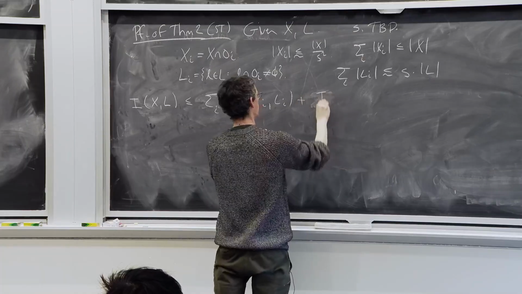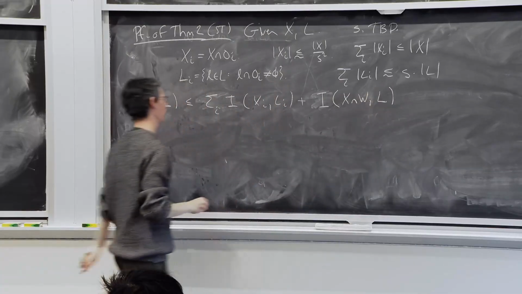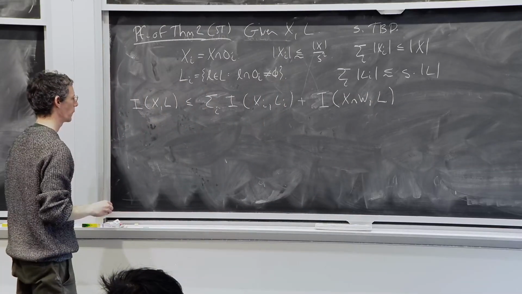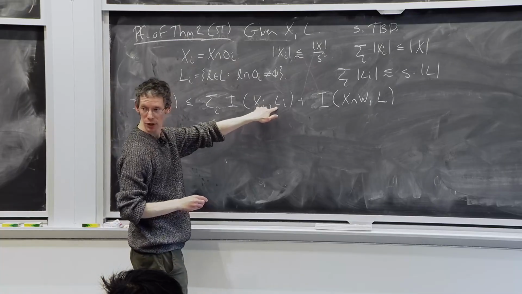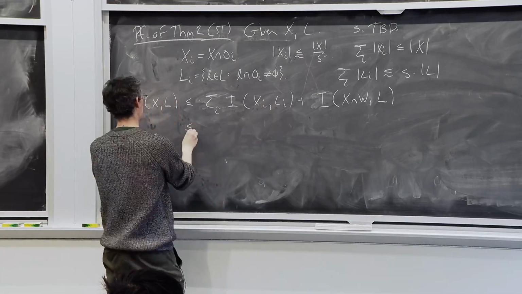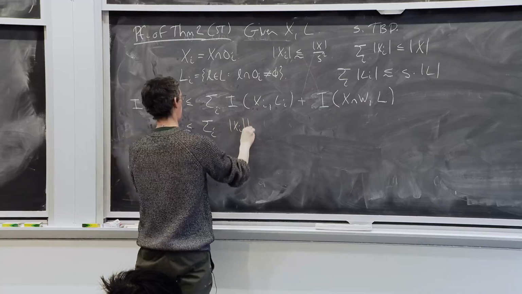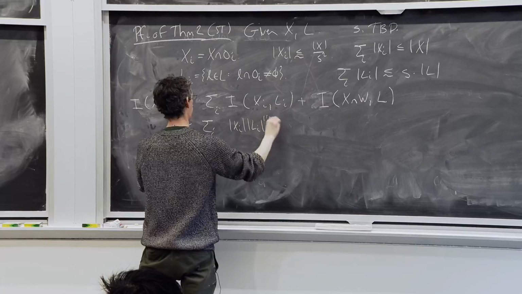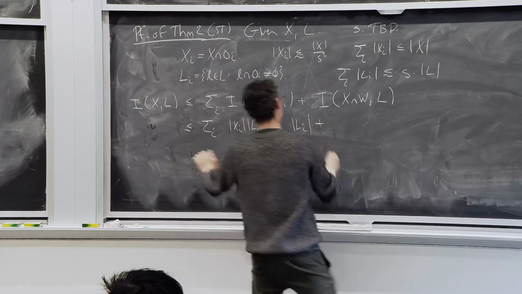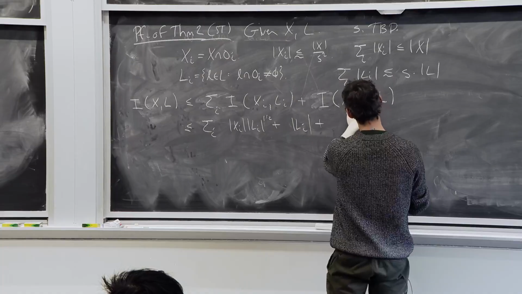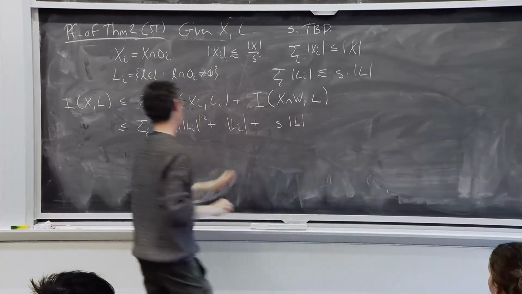So add the incidences from X intersected with the wall and L. Now we apply our double counting lemma to estimate each of these things. So that's less than the sum over i of |X_i| |L_i|^(1/2) plus |L_i|. And for the wall, each line only hits the wall s times. So we have s times the number of lines.